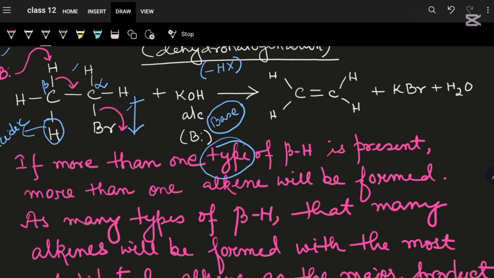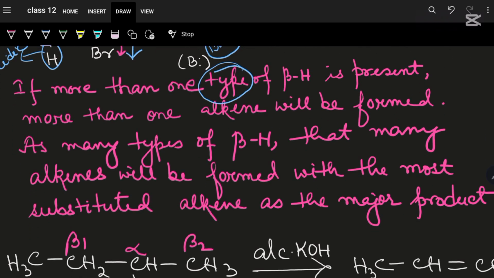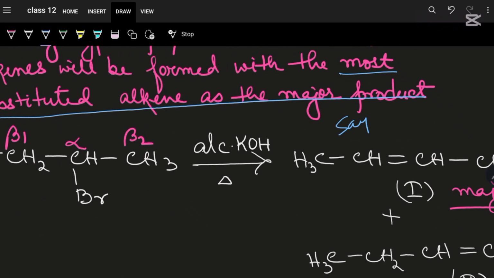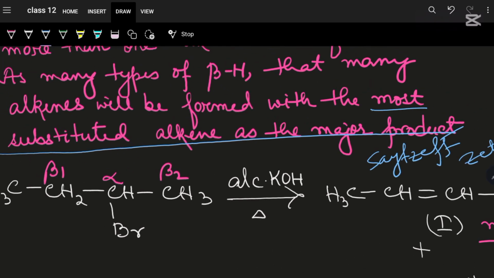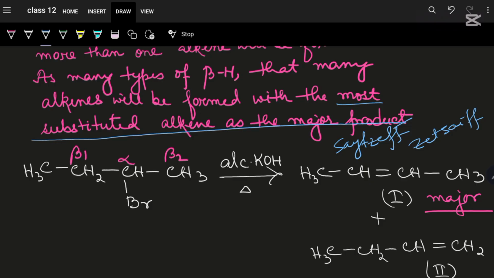As many types of beta hydrogen are there, that many alkenes will be formed, with the most substituted alkene as the major product as per Saytzeff's rule. Some of the books may show you Zaitsev as well, but as per Saytzeff's rule, you can say that the most substituted alkene is the major product.